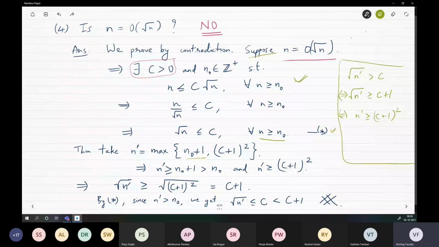Yes, anything else? This was from the first part, no? Big O, big omega. What about this next part? Little o, little omega. Those who have seen, you don't have doubts from that part? Those who have seen those parts?